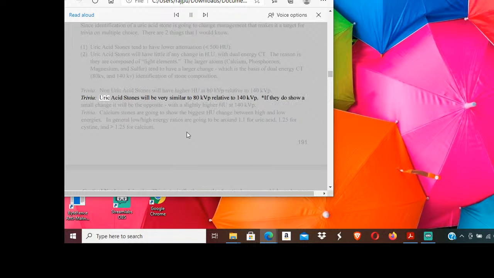Trivia: uric acid stones will be very similar at 80 kVp relative to 140 kVp.